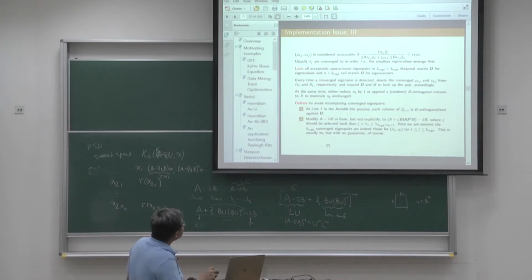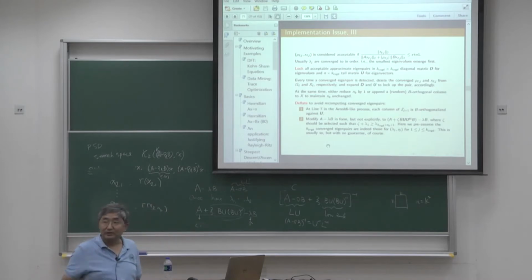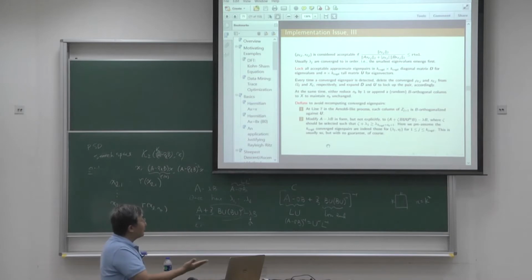So you're going to lock them. Every time there's a convergence, you update D and update this boldface U. Then this NB, remember we have NB vectors to do the block version. If you have one convergence, NB is reduced by 1.